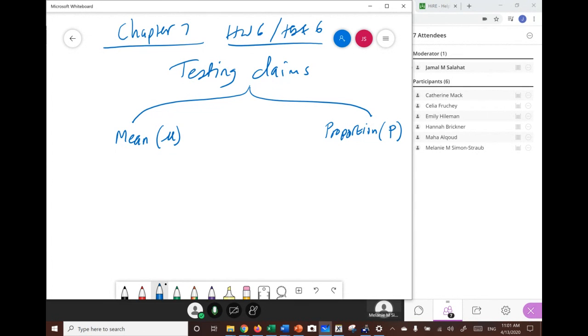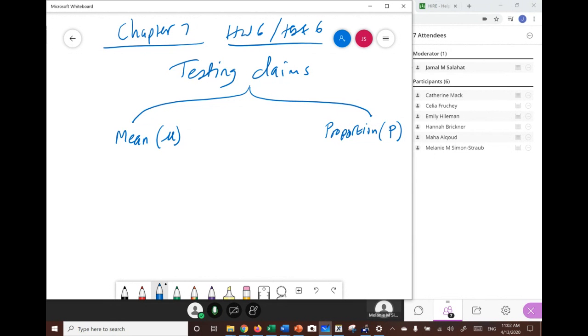Sometimes they use the words sample mean, but the claim is never about the sample mean, but about the population mean. Because if I want to know about a sample, a few people, I just go and ask them. It is possible to get to 50 or 100 people, but it's not possible to get to all of them. That's the reason why the claim is about something that we cannot get to.